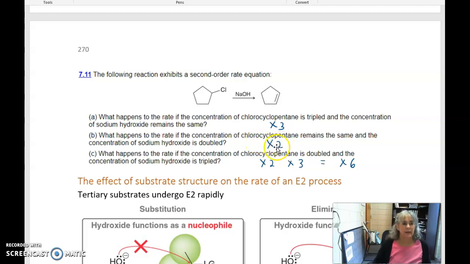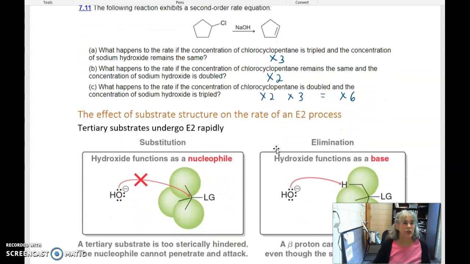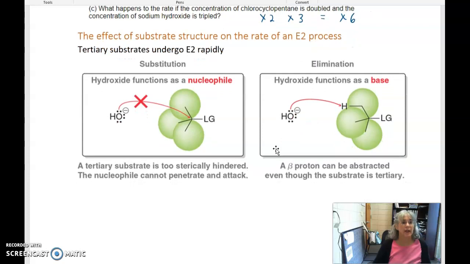So we looked at kinetics with the SN2 reactions, and then we looked at the substrate. And we found that with the SN2 reactions, substitution, the nucleophile could not get into this carbon if there were lots of bulky groups around it.